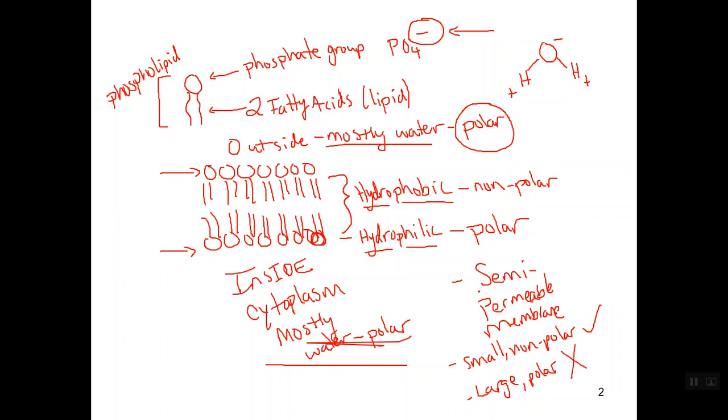So this is why the membrane is semi-permeable. Some things, the small nonpolar things, and water, remember water is the exception, can go through, whereas larger polar things cannot. So if you ever see the word semi-permeable describing a cell membrane, that's why.